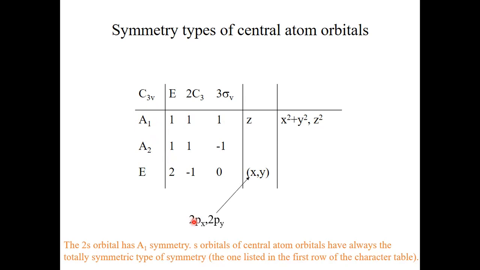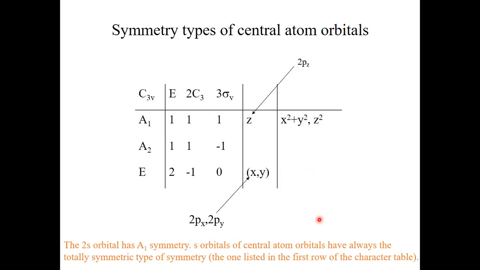Well, we see that the 2px and 2py are listed here. So they have the symmetry type E, and you see that they are written in parentheses. X and Y are written in parentheses, and that means that they are double degenerate in this point group. So last but not least, we have the 2pz orbital. So the letter Z here is in the row for the symmetry type A1, and that means that our 2pz orbital will have the symmetry type A1.